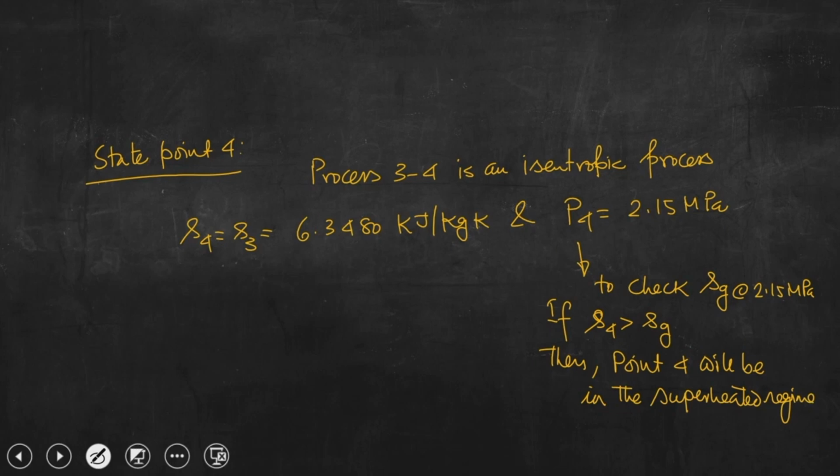It is seen because I have drawn it correctly. S4 is greater than Sg and this is in the superheated regime. Now, you know that if we know S4, then we also can calculate H4, and this H4 is 2817.3 kilojoule per kg. So, this is H4.